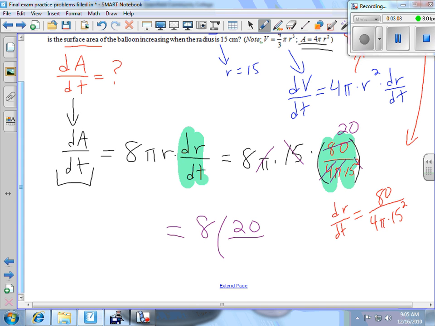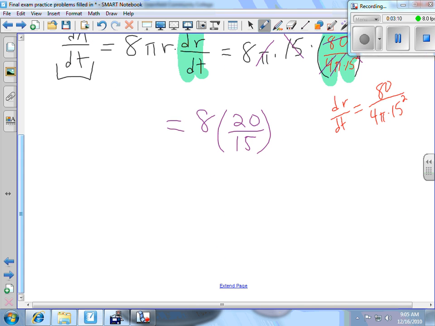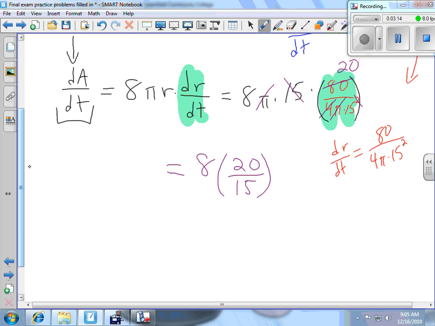And I think there's a solitary 15 in the parentheses. Make sure that's okay. I think that looks good. And then 20 and 15 you can reduce to 8 times 4/3. So don't even need the calculator. 32/3, or about 10.67.